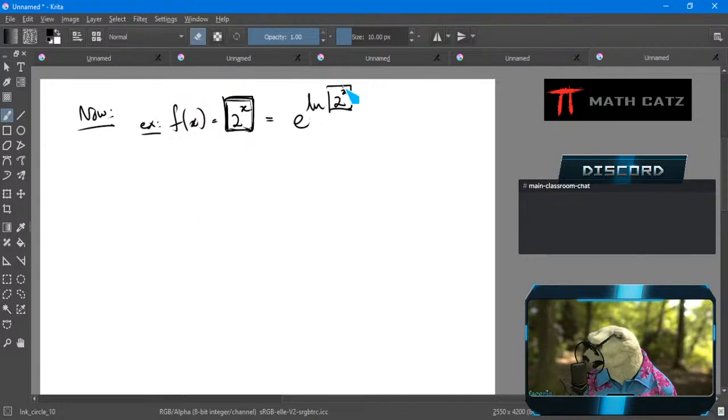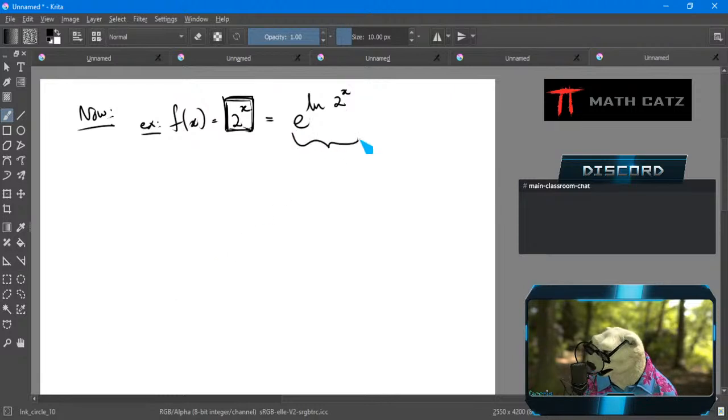But now look at what I have. Let me remove that square. Look at what I have for that log. I have something to the power of something else. I have 2 to the power of x. So if I just focus on the natural log of 2 to the x, I can rewrite that. I'm going to do it at the bottom.